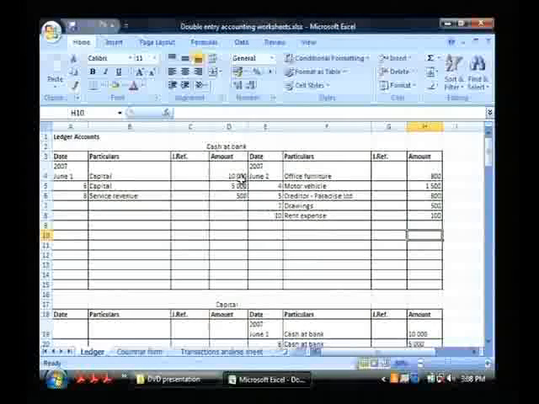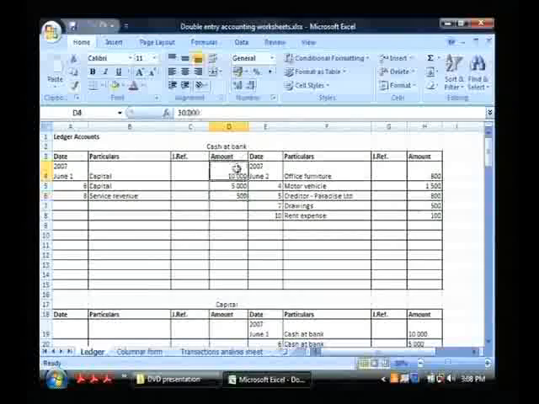How to balance this account? When you look at the totals, debit side is 15,500 and credit side is less than that amount.